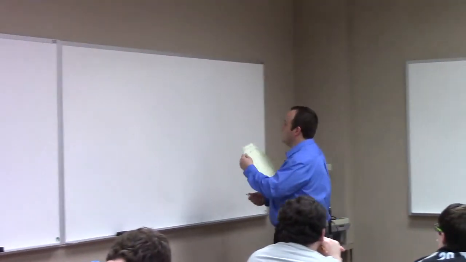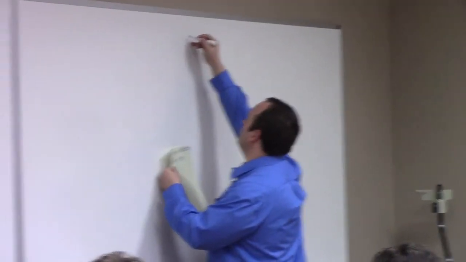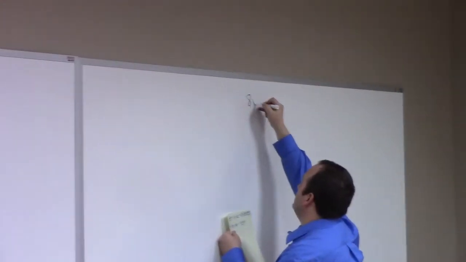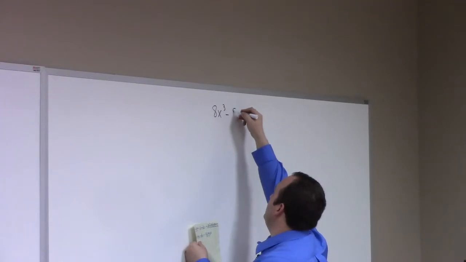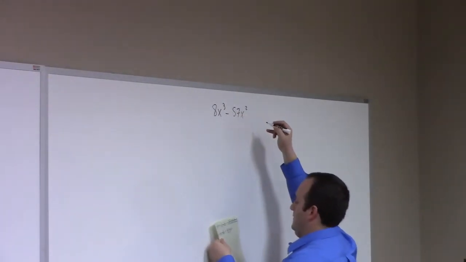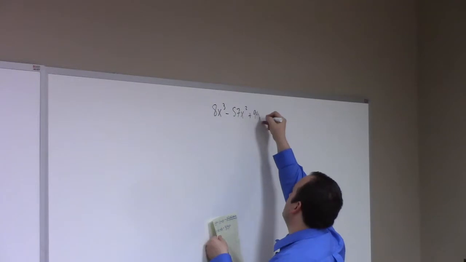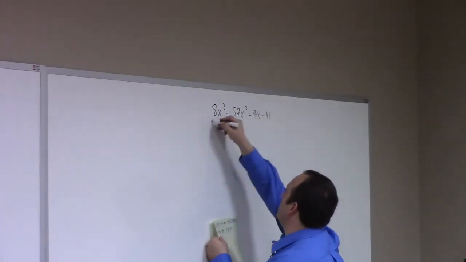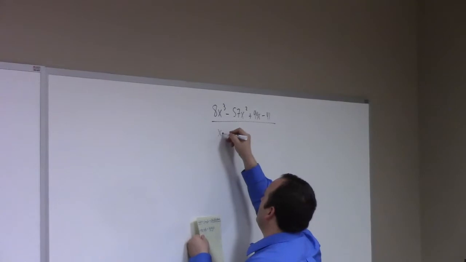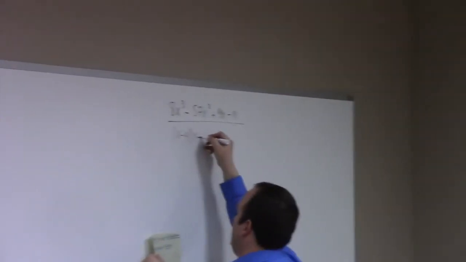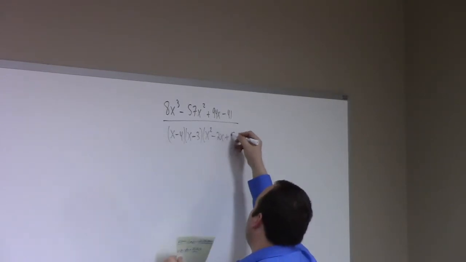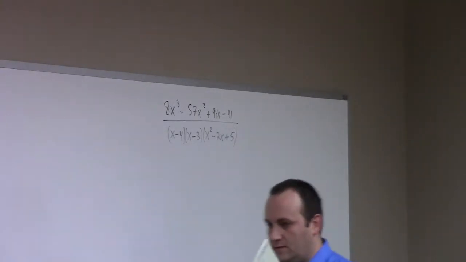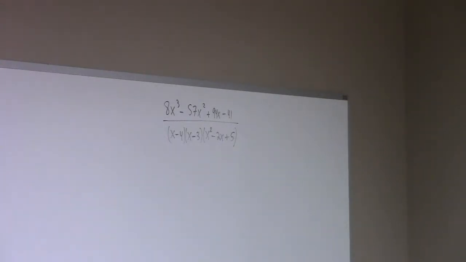Basically what we showed was that if you look at the rational function (8x^3 - 57x^2 + 94x - 41) divided by (x - 4)(x - 3)(x^2 - 2x + 5), then you can do partial fractions to rip it apart into a sum of basic rational functions.